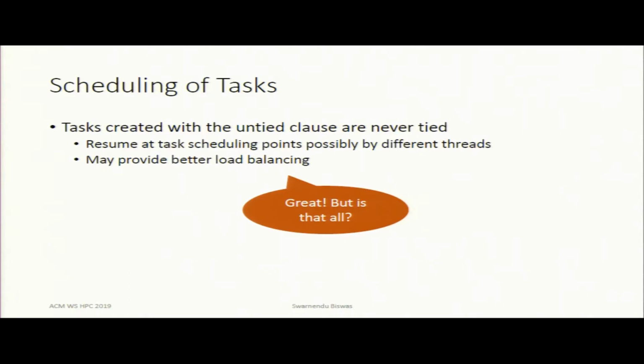So we said that the thread which executes a task first gets tied to it. You may not want that. If you don't want that, you have something called an untied clause. If you use that untied clause, then they won't be tied. Let me give a concrete example.